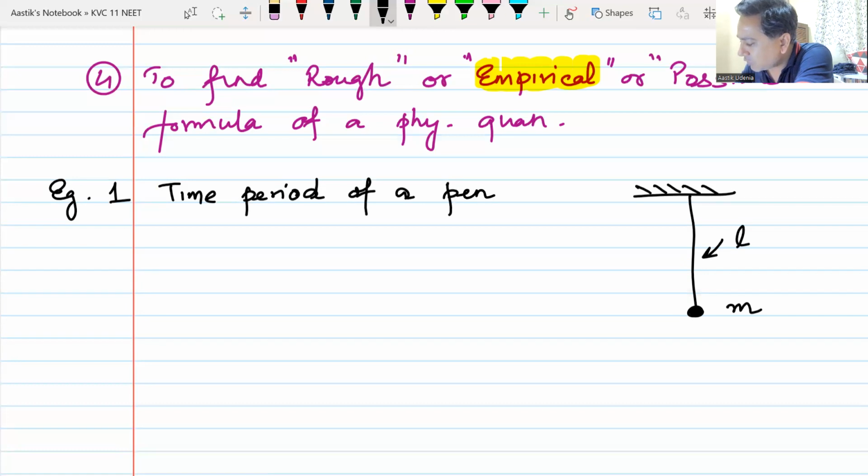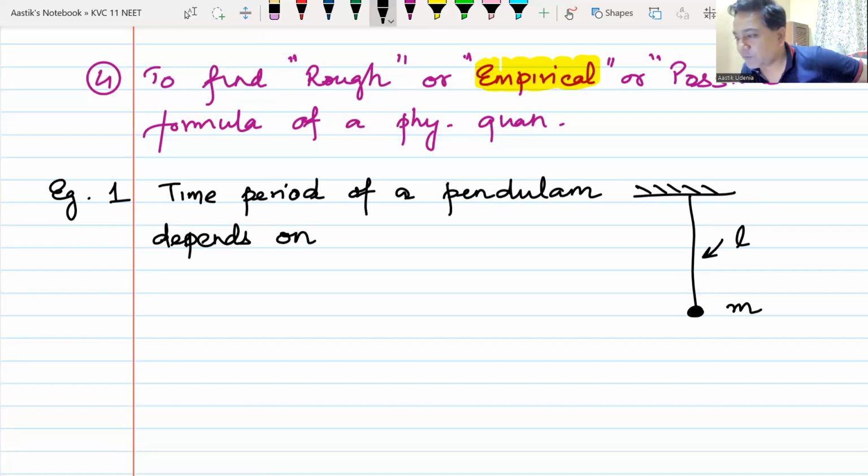Now, what all quantities do you think the time period of a pendulum depends on? It will depend on the length of the pendulum, yes or no? Yes, sir. Longer the pendulum, it might have a longer time period. It might depend on the mass of this bob that you see here.